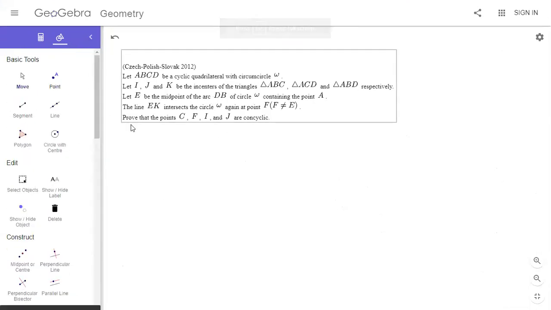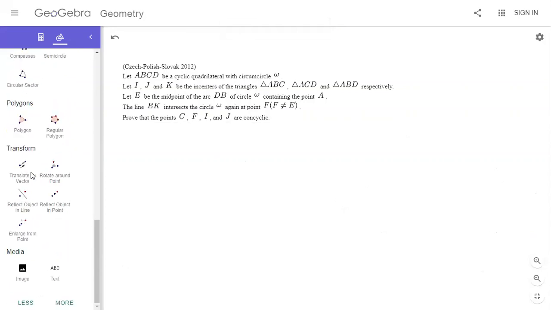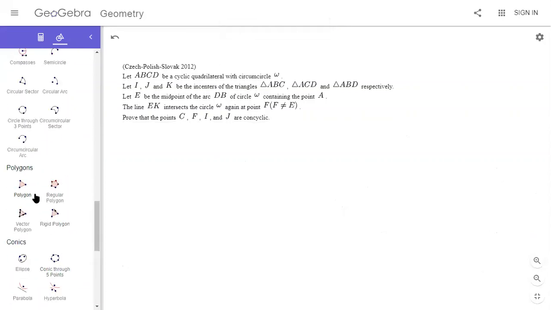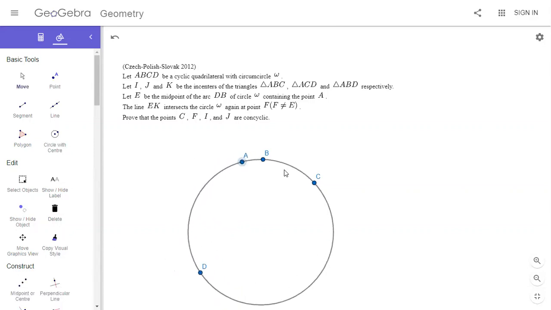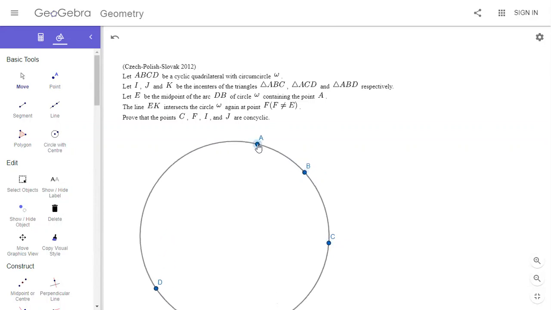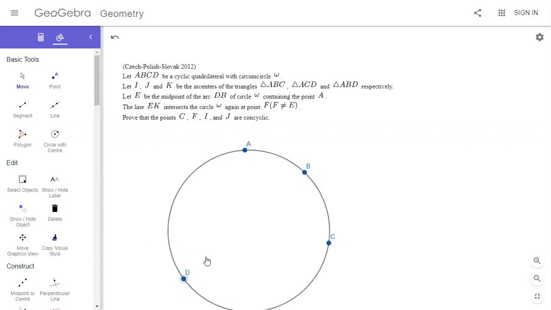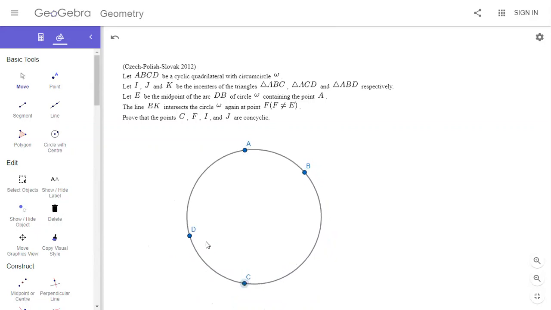Okay, so we have a cyclic quadrilateral with circumcircle omega. We have a bunch of incenters, so I'm going to put A at the top here. Let's just do it something like that.